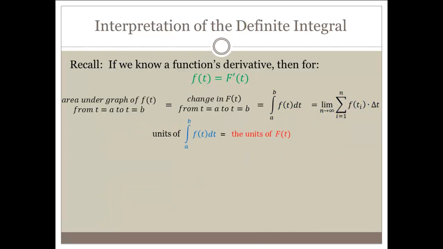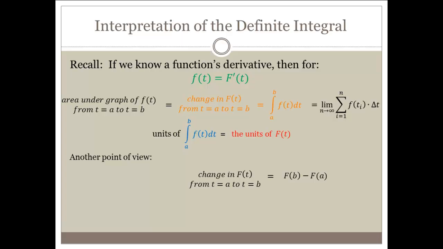Let's now look at how we can come to this conclusion from another point of view. The change in F of t from t equals a to t equals b can be very simply calculated, as we did when we were computing derivatives, as F of b minus F of a. But we know from what we learned earlier that the change in F of t from t equals a to t equals b is the integral from a to b of f of t dt.